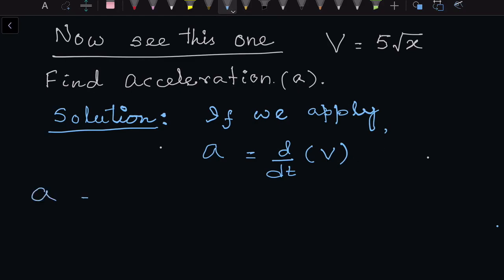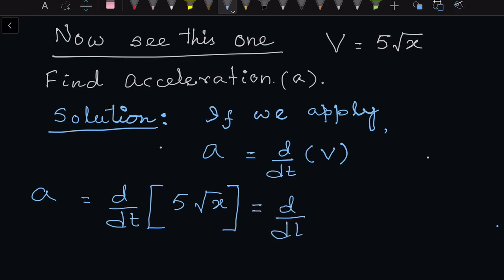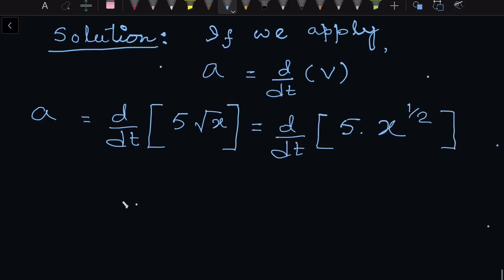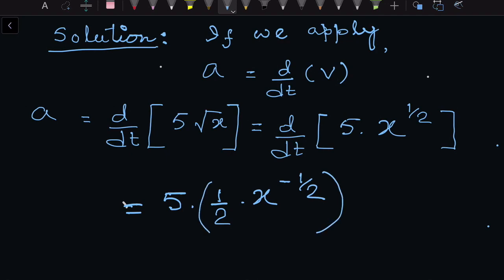A equals d/dt of v, and v is 5 root x. So d/dt of 5 into x to the power half. Root x means 5 comes out, then half x to the power half minus 1, that is minus half.